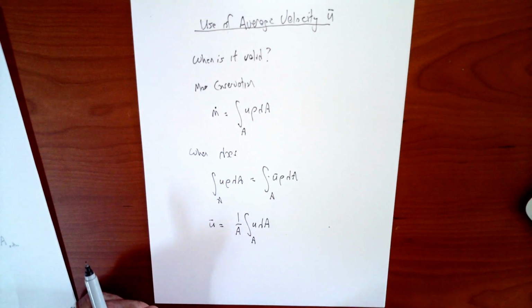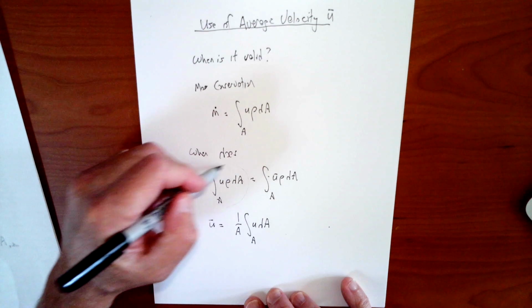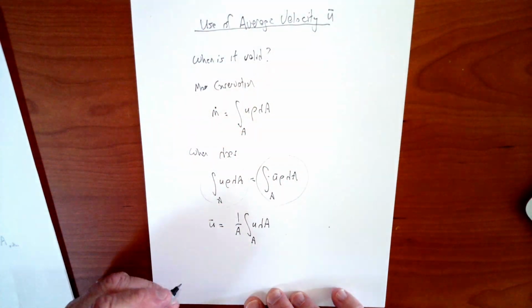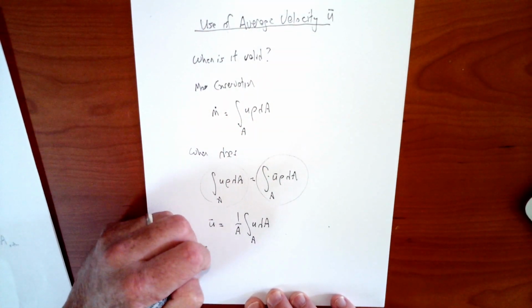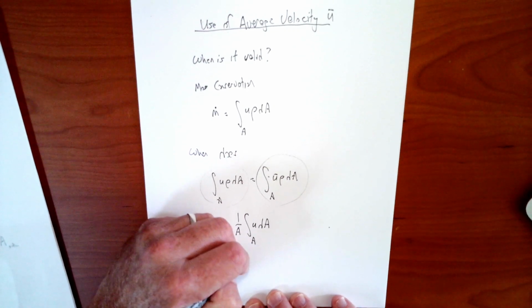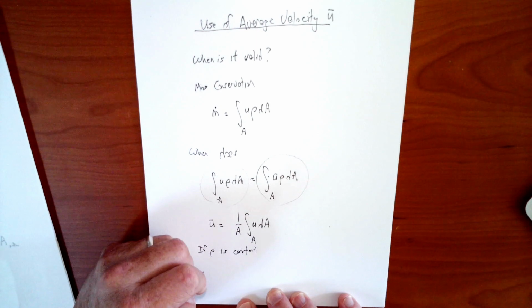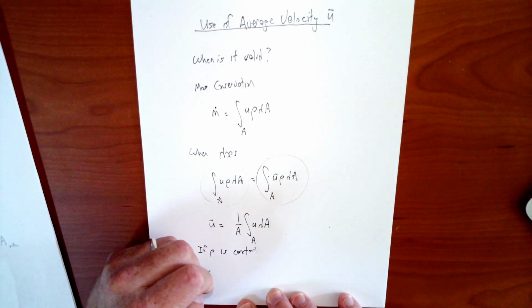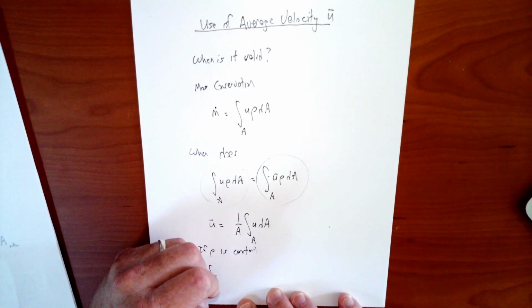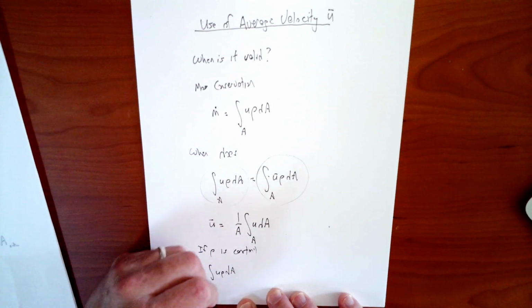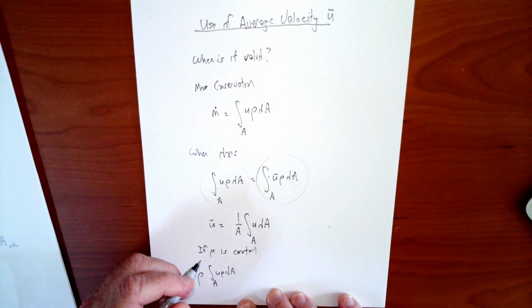And so in the case of these integrals, we can look at the situation if rho is constant. If rho is constant, then we can pull rho out of those integrals. So on the left-hand side, we would have rho, and of course u dA integrated over that area.